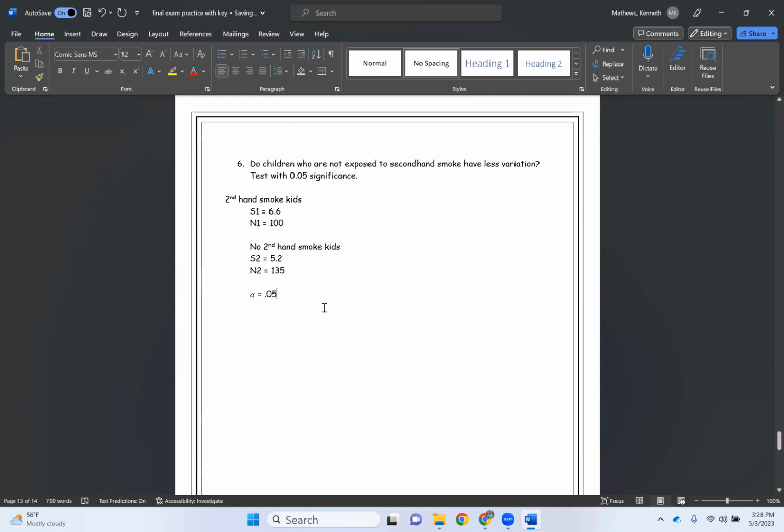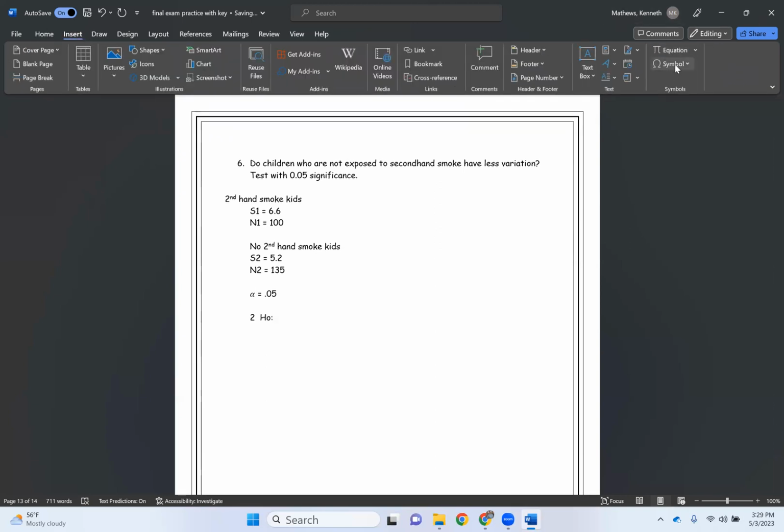Okay, so now we're comparing 2 standard deviations, and we're asking, do the children not exposed have less variation? That means, because there's 5.2, do the children who are exposed have more variation? So the null hypothesis is going to be that sigma 1 minus sigma 2 is equal to 0.